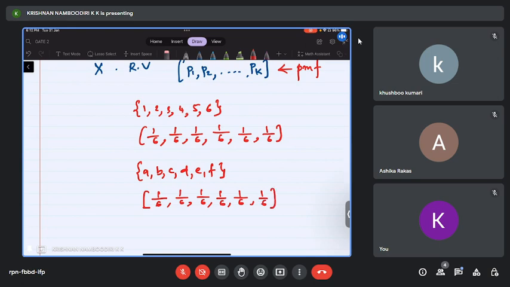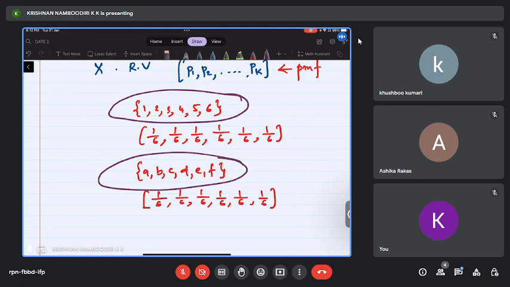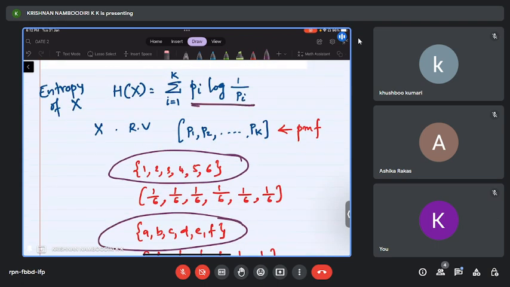In both these cases, the entropy, or the uncertainty associated with the random variable, will remain the same. It does not depend upon the values the random variable takes, whether it is 1, 2, 3, 4, 5, 6 or A, B, C, D, E, F. From the expression also, you can see it depends only on the probability mass function of the random variable. That is very important.